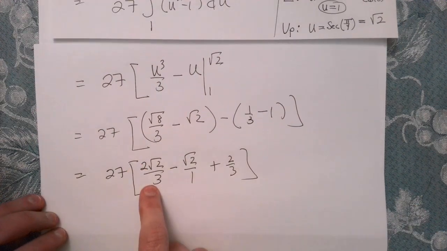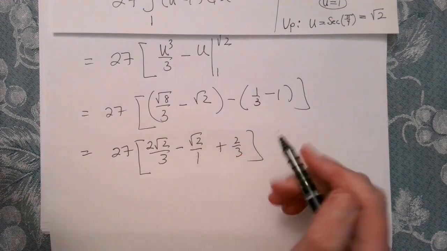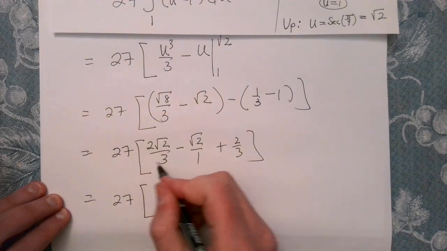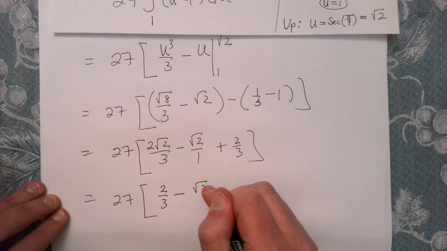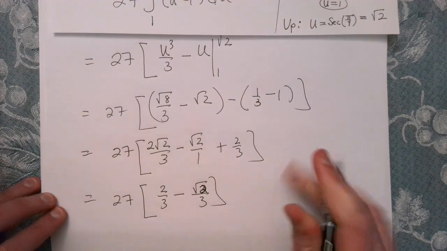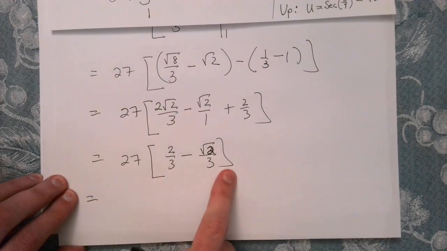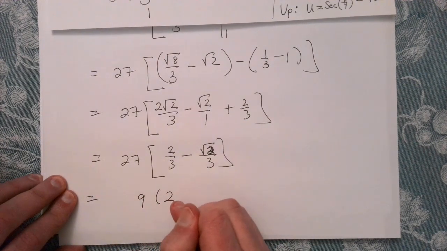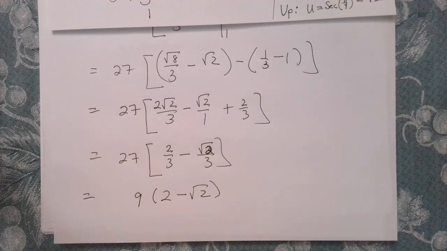So that's going to be 2/3 minus 1, right? Just looking at the coefficients. They're like terms now. So 2/3 minus 1 is minus 1/3. Oops, that's a 2, isn't it? Well, I guess not so bad. So I guess I could factor out the 3 here. 27/3 is 9, and that's 2 minus radical 2. And that's the value of our integral.